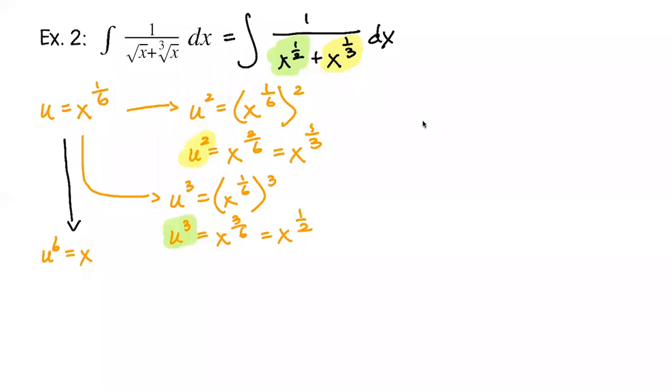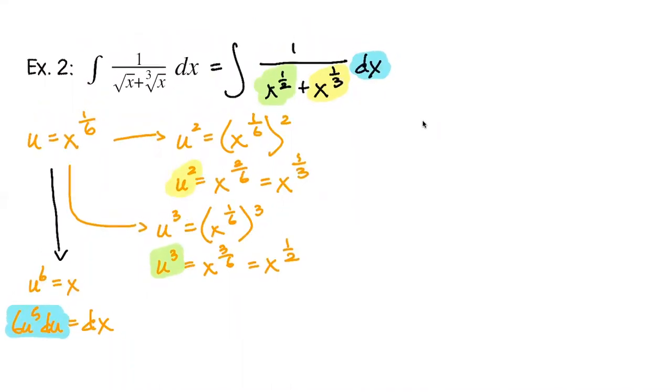Because this is a little easier to take a derivative of. I end up with 6u to the 5th du equals dx. And that's really nice because everywhere I see dx, I can replace that with 6u to the 5th du, right?